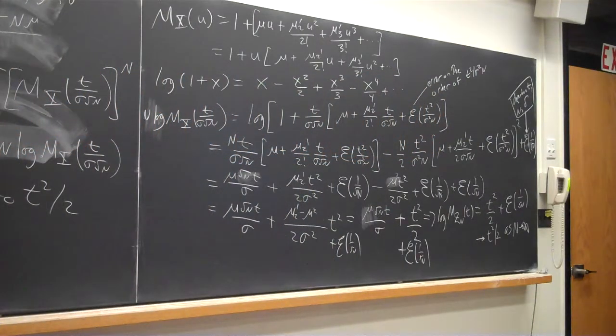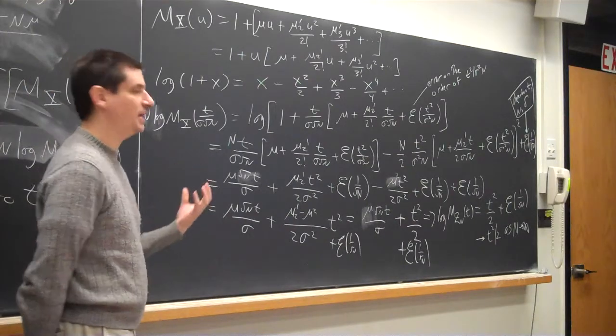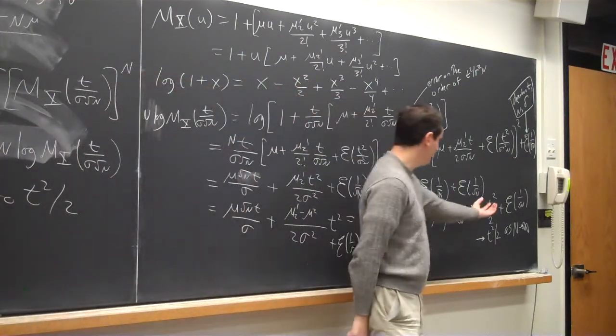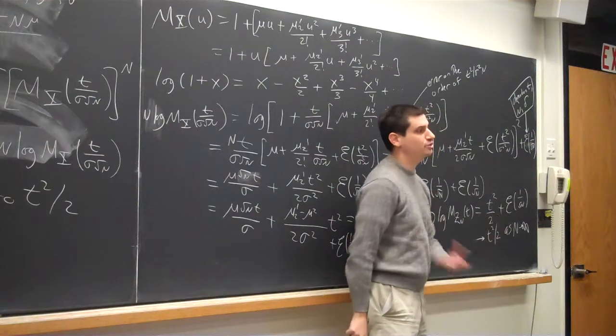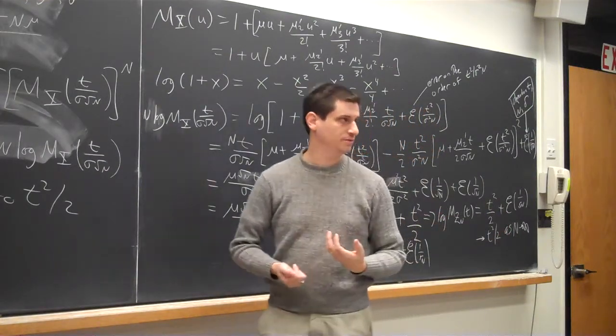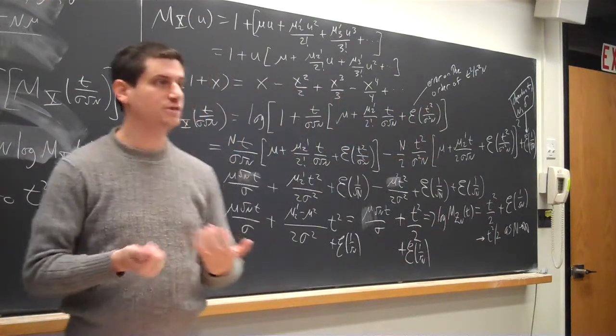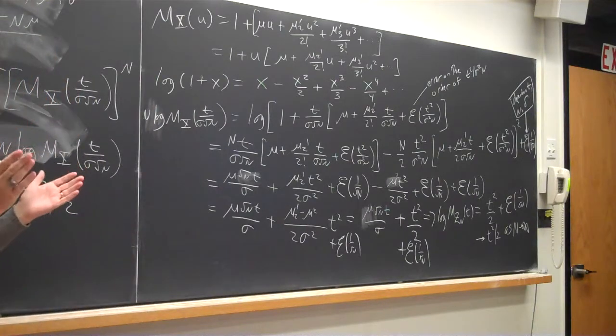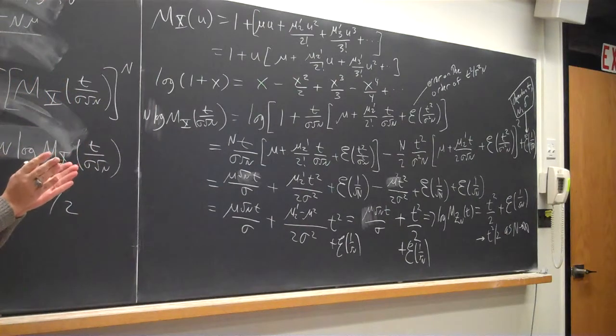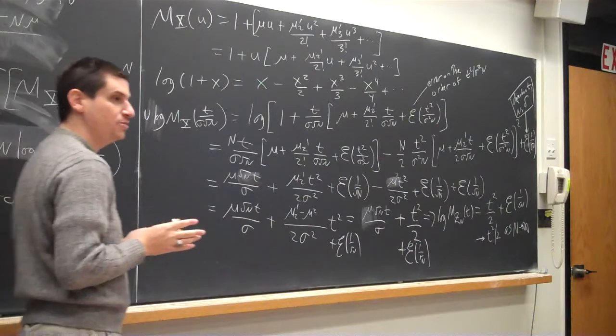Okay? And you can see that if you cared more about rates of convergence, you could easily keep more terms. The difficulty is then how to convert from knowing what your error is in the moment generating function to what is your error in the cumulative distribution function. There should be a way to pass from one to the other. If I know my moment generating functions are this close, what can I say about the cumulative distribution functions?